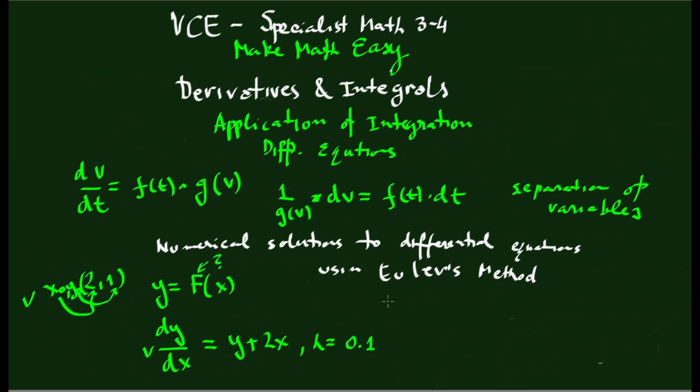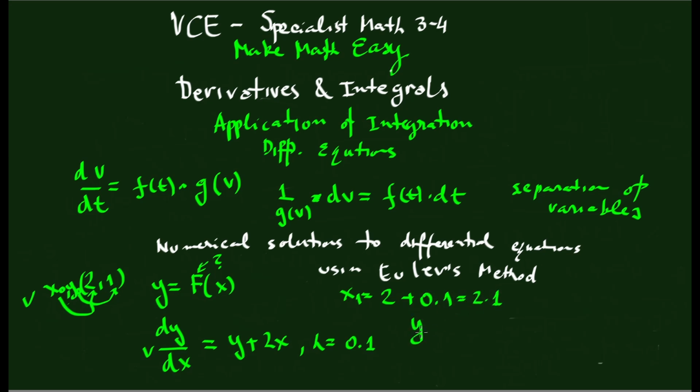So that's dy by dx. How are we gonna get point number 1? Point number 1, x1 is x0, which is 2, plus the increment. So it's 2.1.